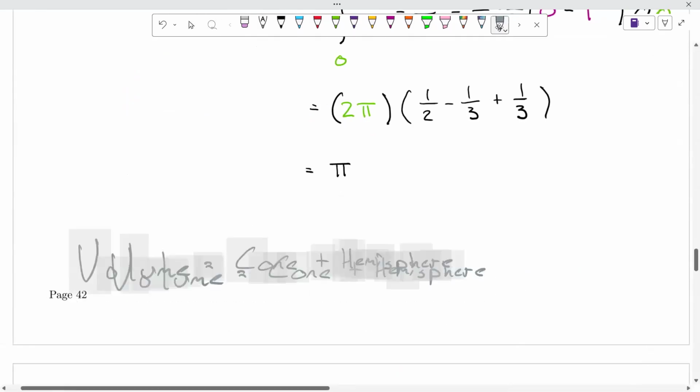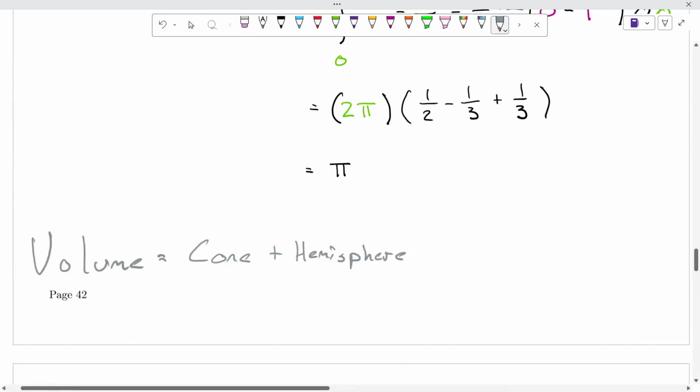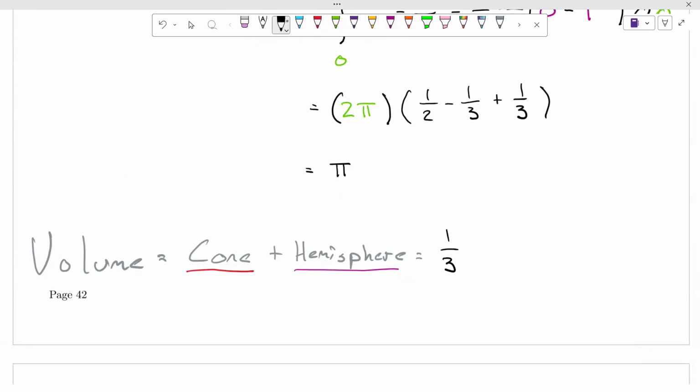I'm actually kind of running out of space, so let me try writing it in over there. The cone was the one on top, so I think it was red. The hemisphere on bottom was pink. A cone has a volume of 1/3 times the base times the height. The base is pi times 1 squared, and the height is 1. So 1/3 pi.